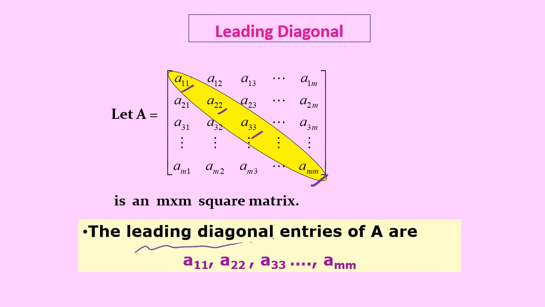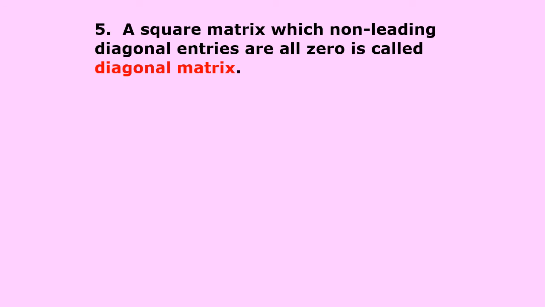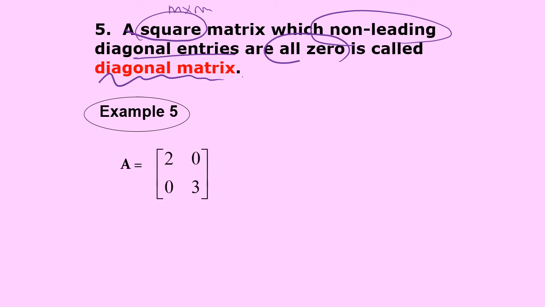Okay, so the fifth type of matrix is the diagonal matrix. What does diagonal matrix mean? It is a square matrix, meaning the size must be the same, whose non-leading diagonal entries are all 0. So we can have values on the diagonal part but not in other parts. All other parts should be 0. For example, A is 2, 0, 0, 3.